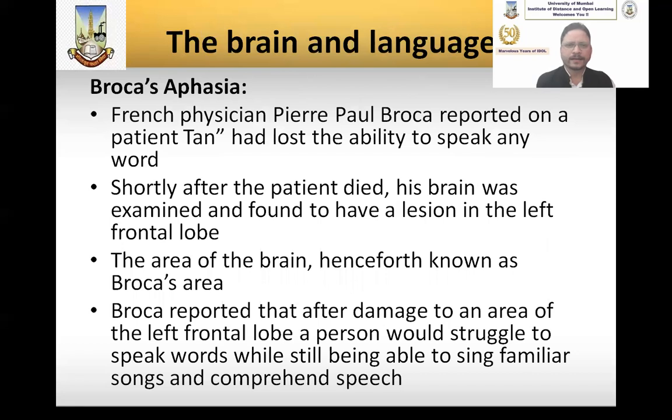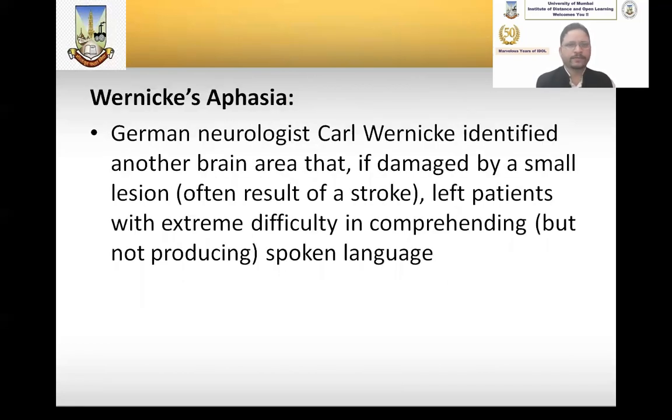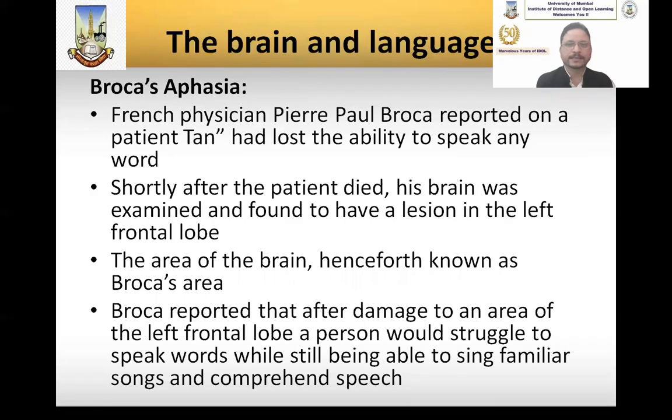Now, the brain and the language. There are two factors, Broca's aphasia and Wernicke's aphasia, that we'll discuss now. French physician Pierre Paul Broca reported on a patient, Tan. This is a different name, not real. Patient Tan had lost the ability to speak any word. Shortly after the patient died, his brain was examined and found to have a lesion in the left frontal lobe.